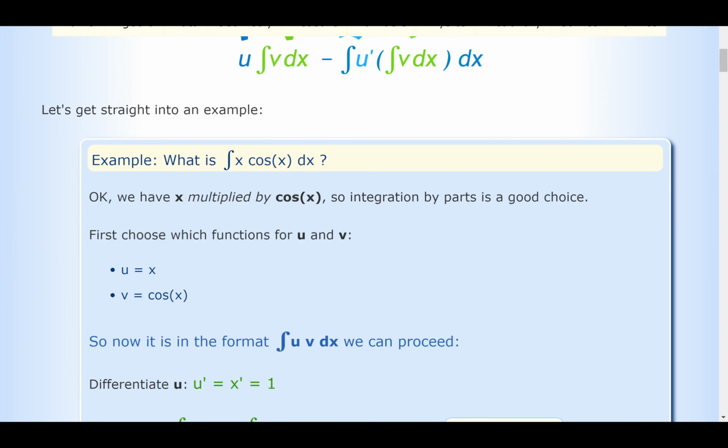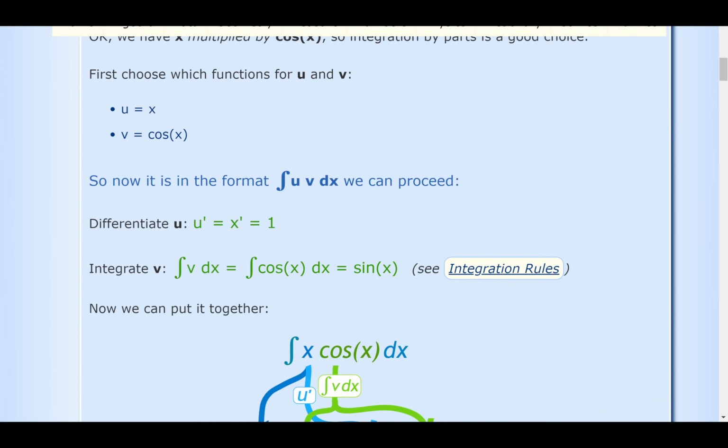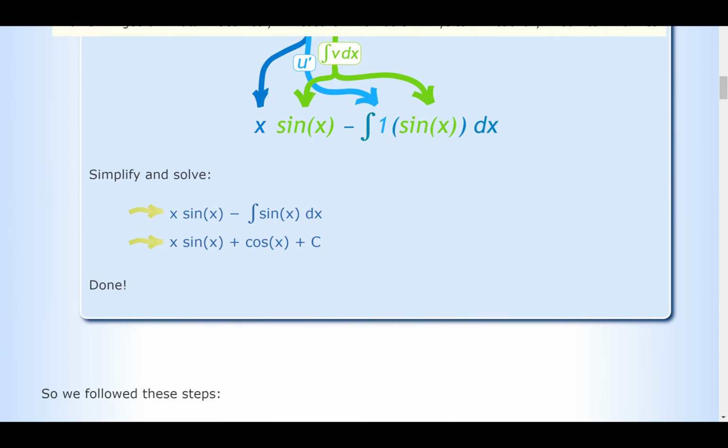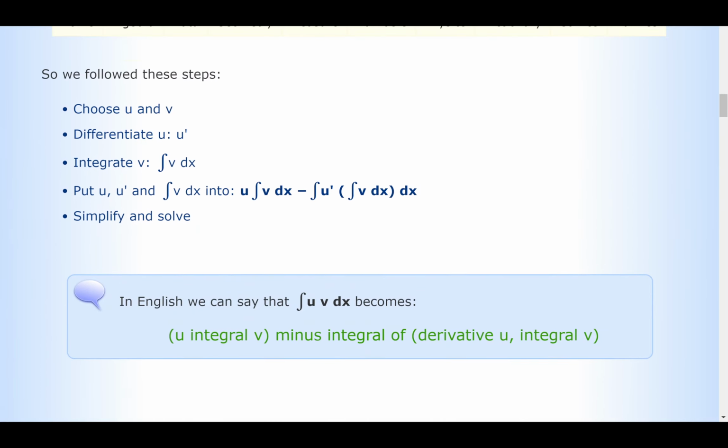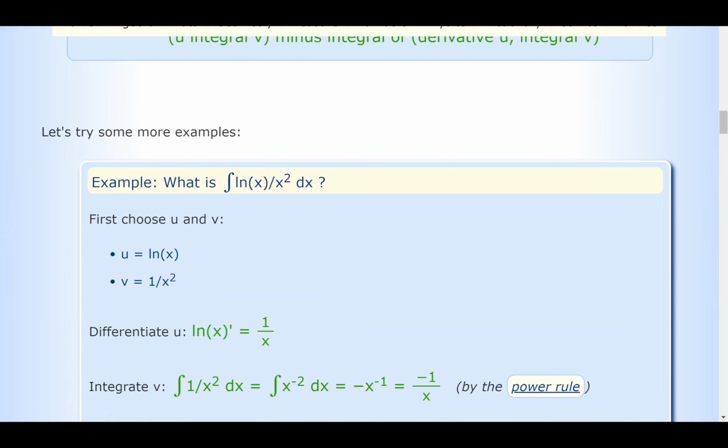Coming to the second example: what is the integration of ln x over x squared dx?